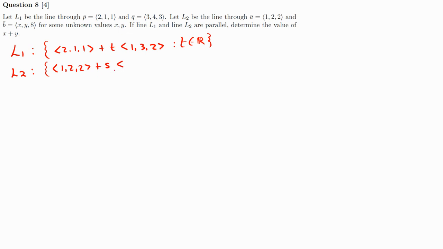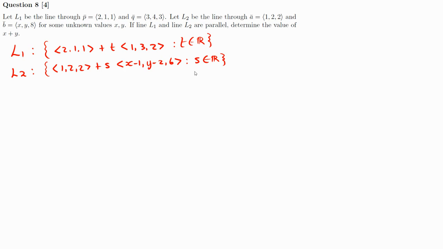I just try to use different ones because it's not to say that these are on the same plane. Okay, so 1 minus X, 2 minus Y, and 2 minus 8. Oh, I did this the wrong way. It's X minus 1, Y minus 2, and 8 minus 2 for some S an element of R.